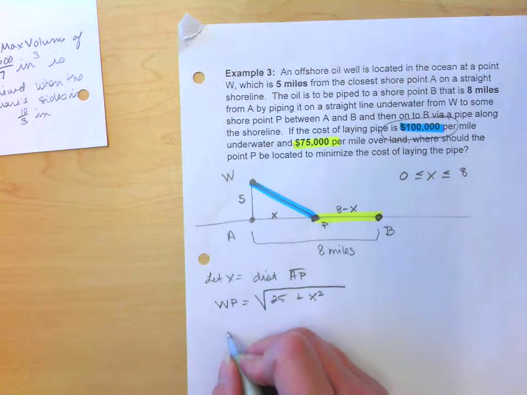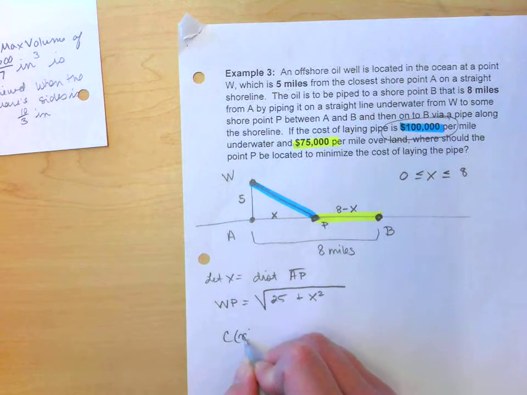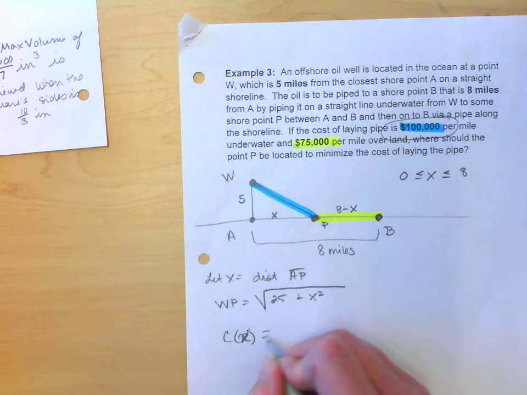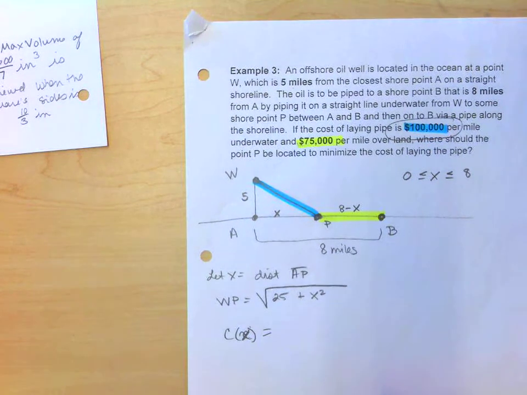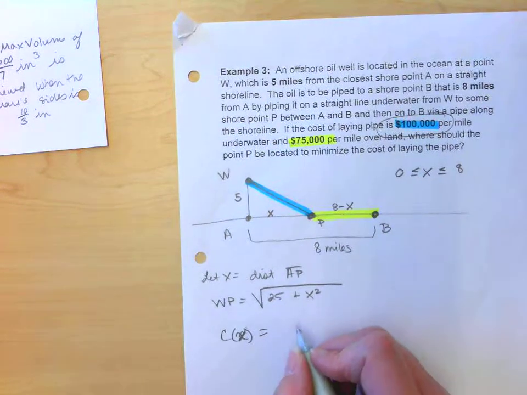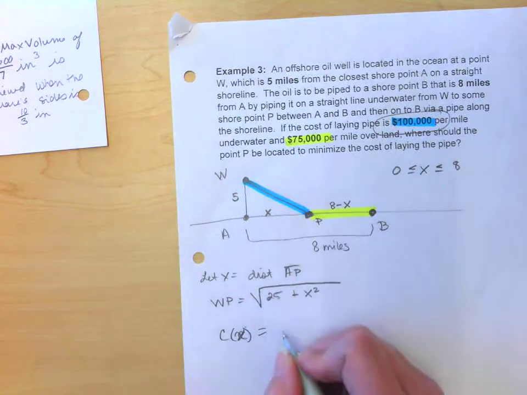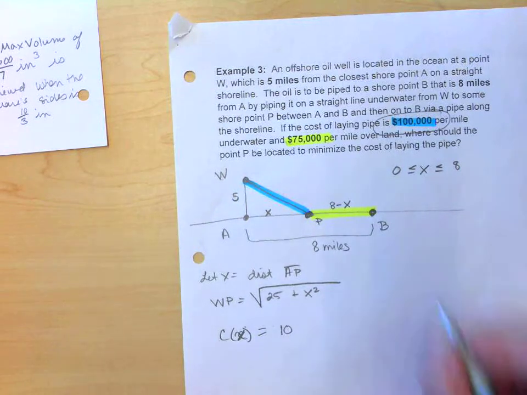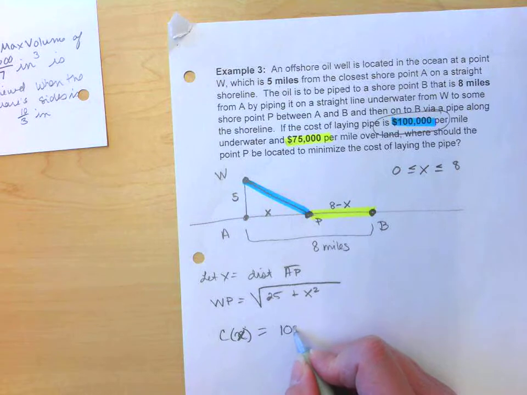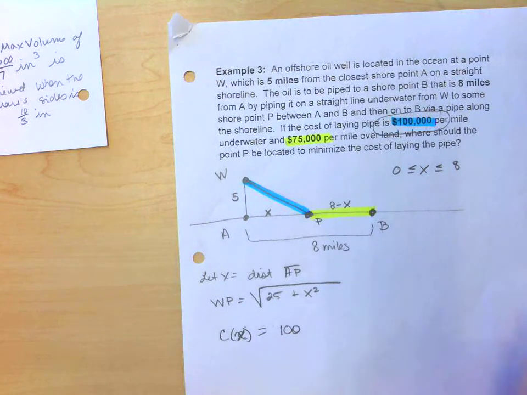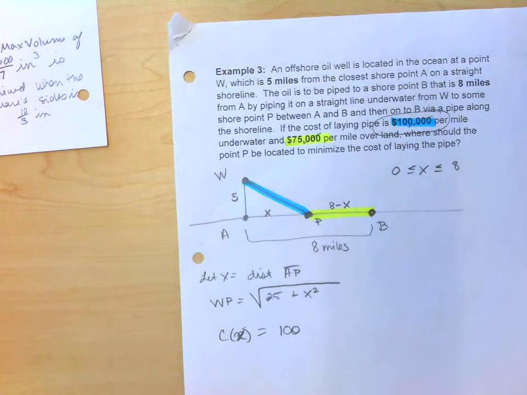Let's go ahead and write this as a cost. The cost with respect to x is going to be, let's use a 100 and drop the zeros on both of these amounts.